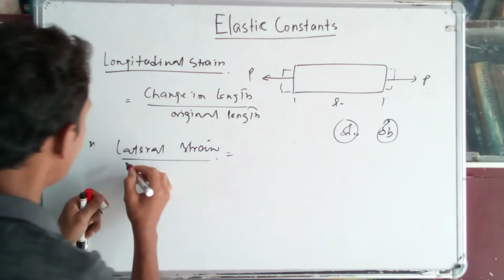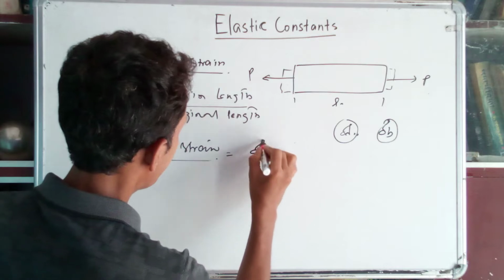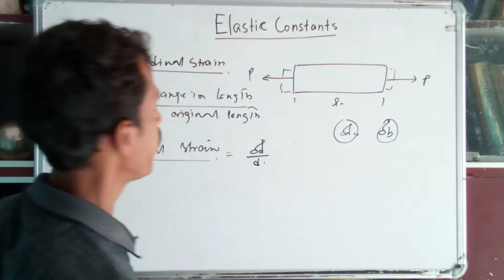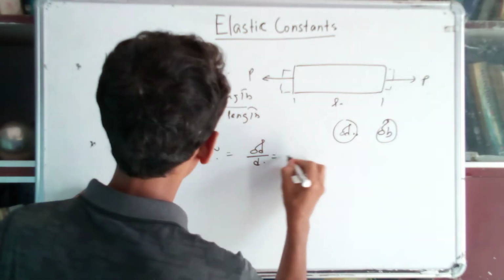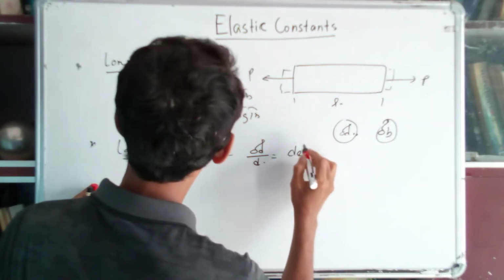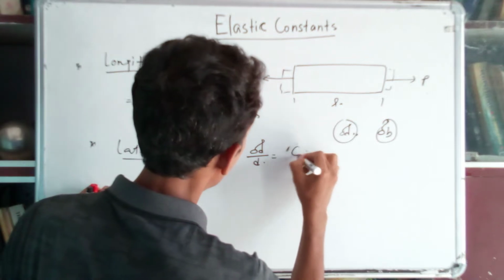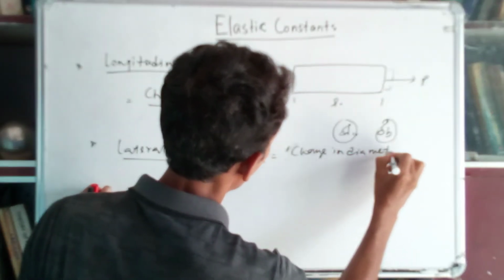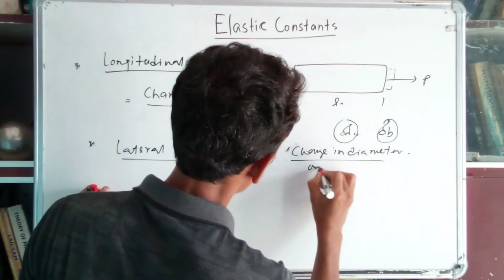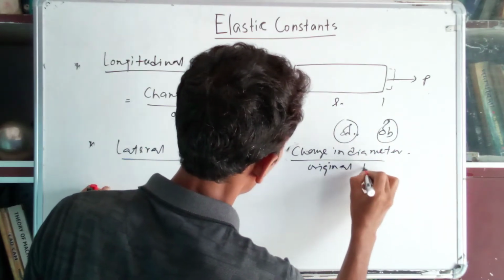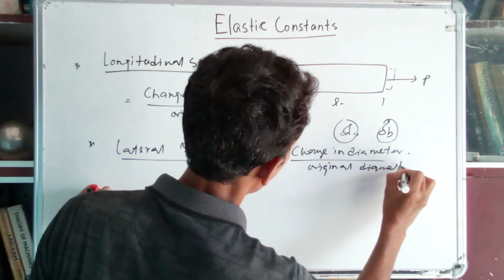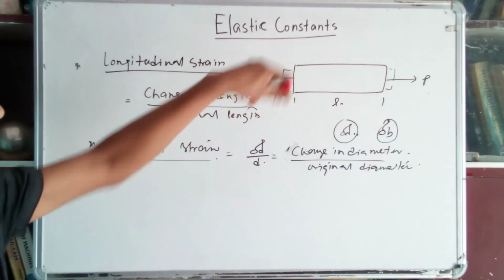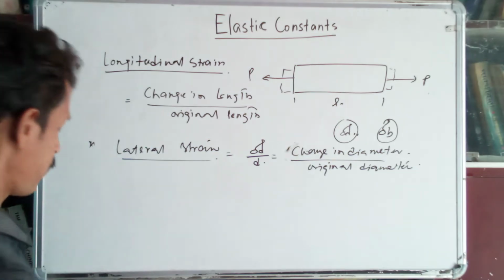So we can say lateral strain is del D by D in case of a cylindrical rod, that is, change in diameter to the original diameter if you consider it as a cylindrical bar.